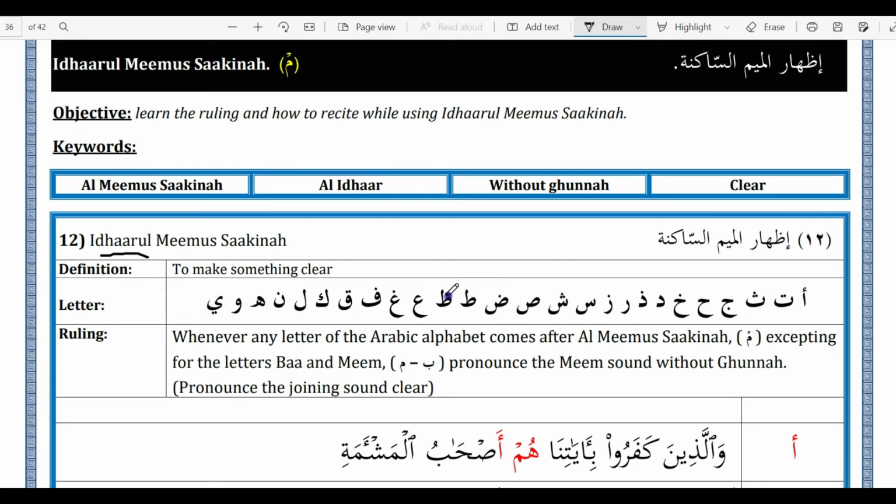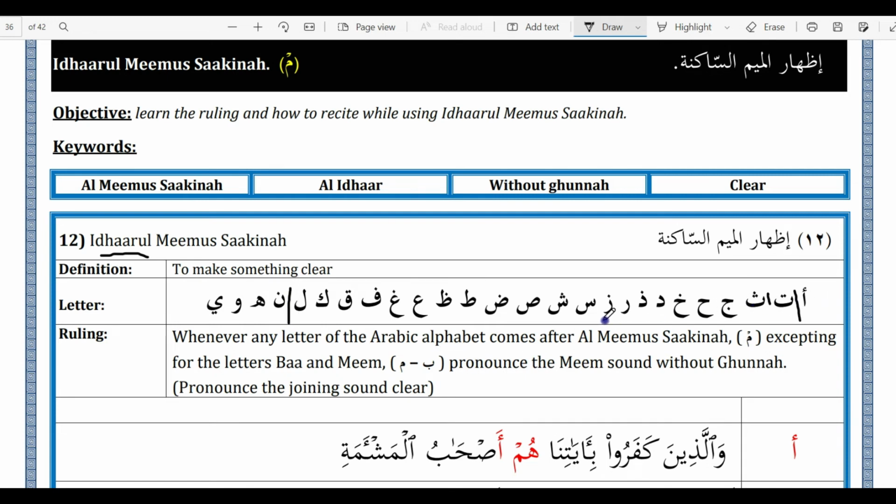So the rest of the letters of the alphabet from alif to ya, except for ba, which is missing here, and meem, which is missing here. Yeah?